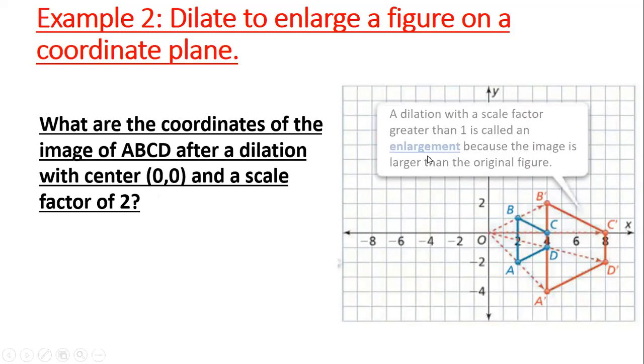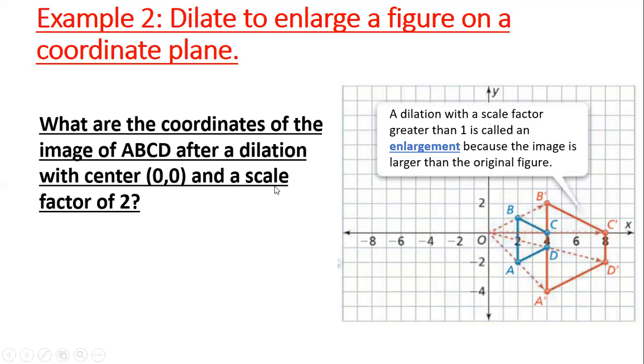So take it as a rule. A dilation with a scale factor greater than 1 is called an enlargement because the image is larger than the original figure. So if the scale factor is given and this scale factor is greater than 1, for sure the image that you are going to have is going to be larger than the pre-image.